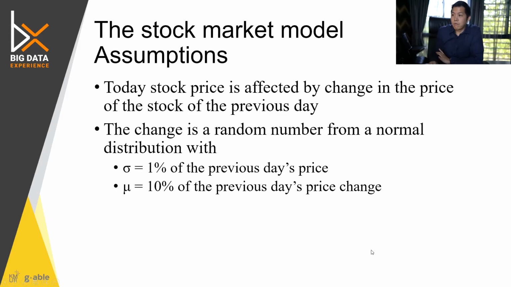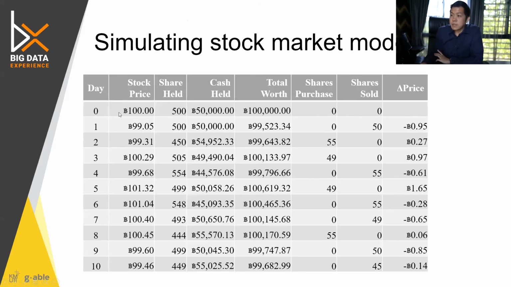So for the start, we start with a stock price of 100, and we hold 500 shares, and have cash of 50,000. Multiplying in, you get a total worth of 100,000.